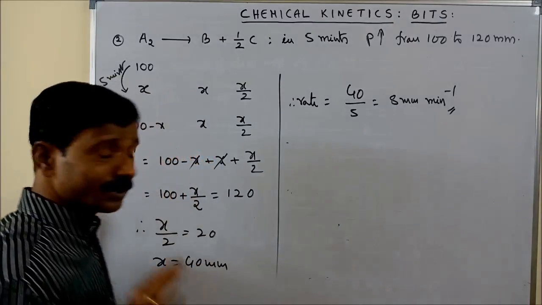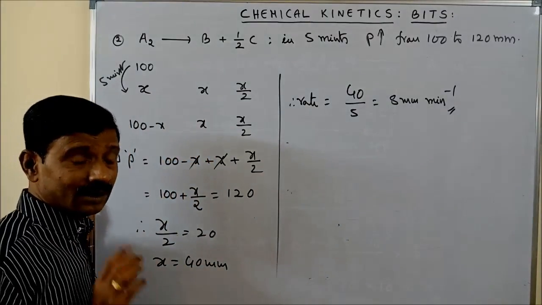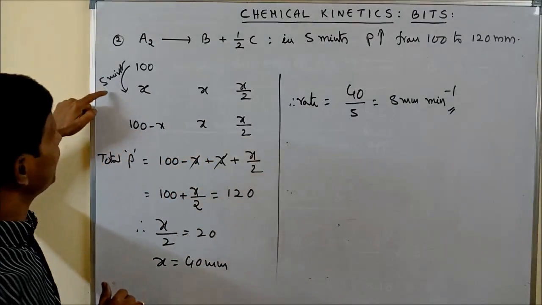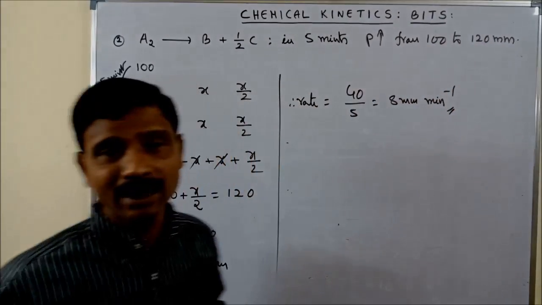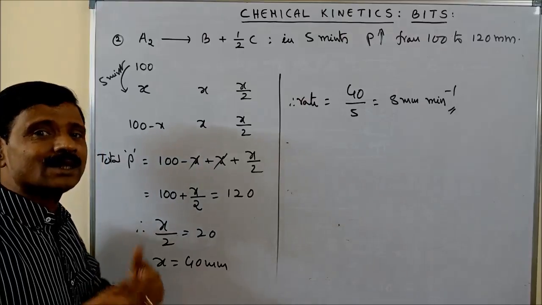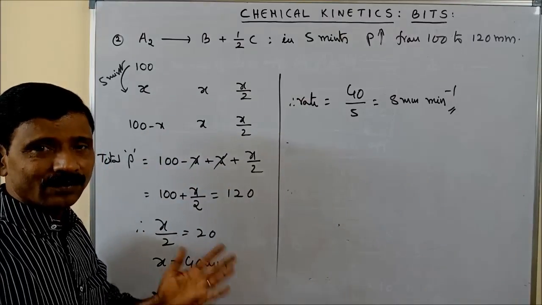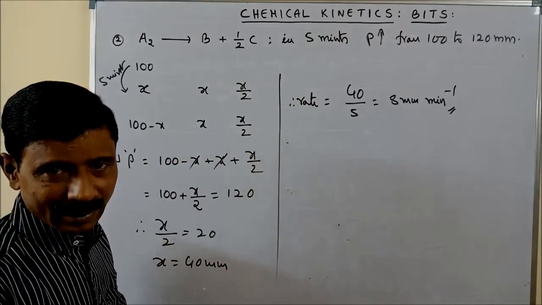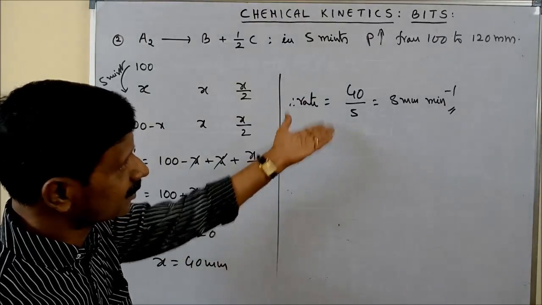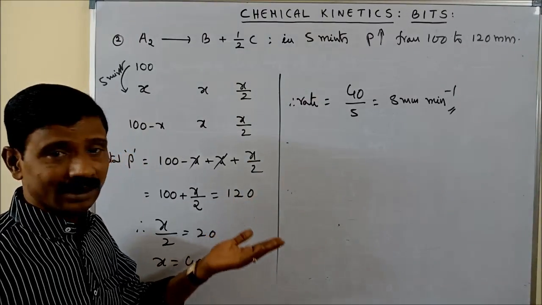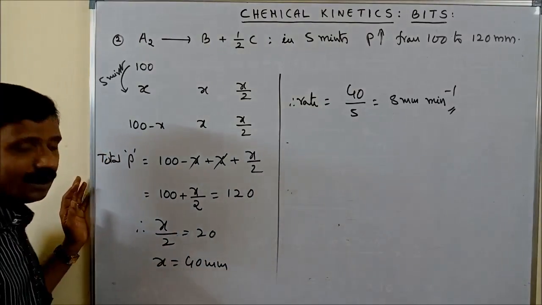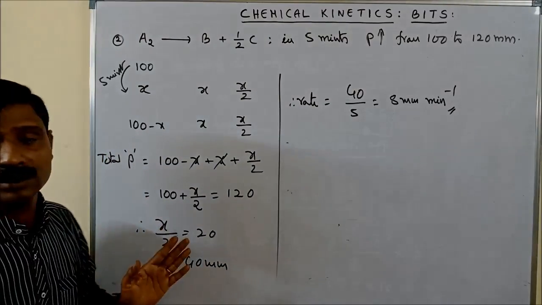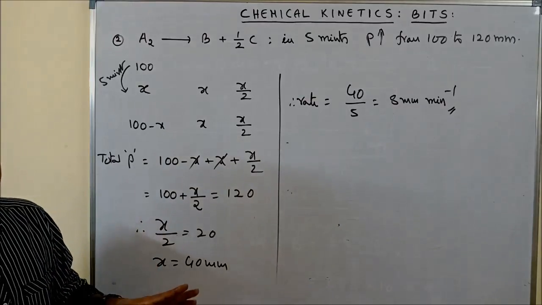But here most of the students, the way they analyze, time is 5 minutes, increase in pressure from 100 to 120. So they consider the increase in pressure as 20. So in 5 minutes, change in pressure is 20. Now in 1 minute, they calculate 20 by 5. That is wrong. This is the way we have to analyze this problem with respect to the pressures.